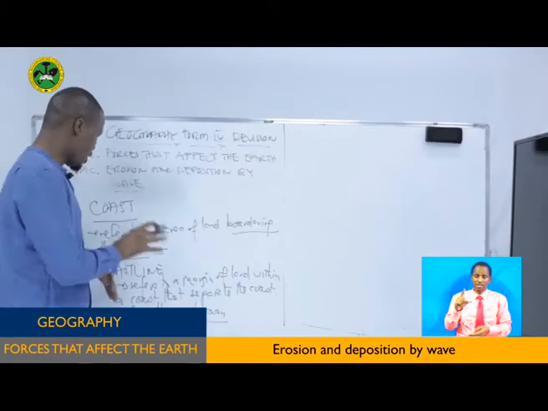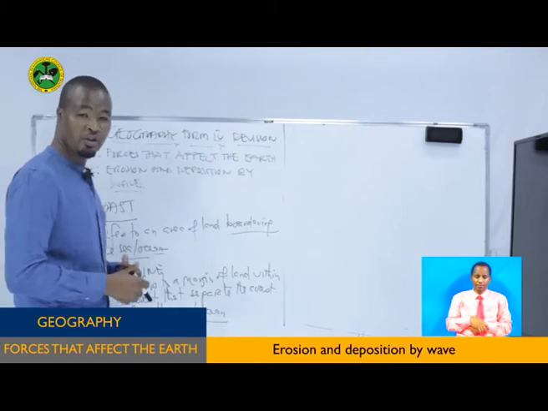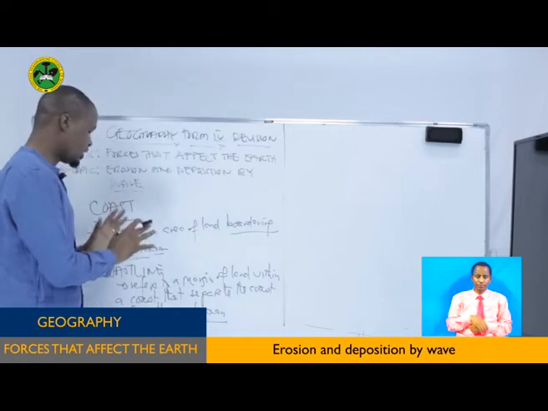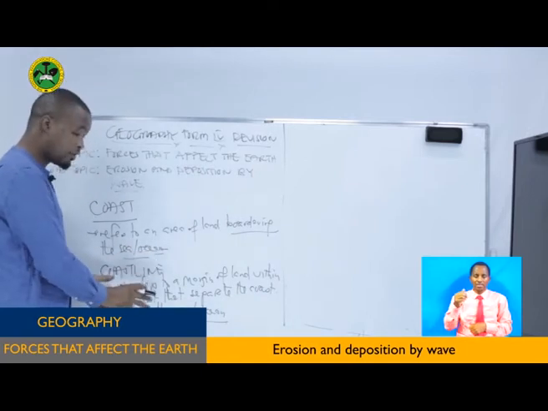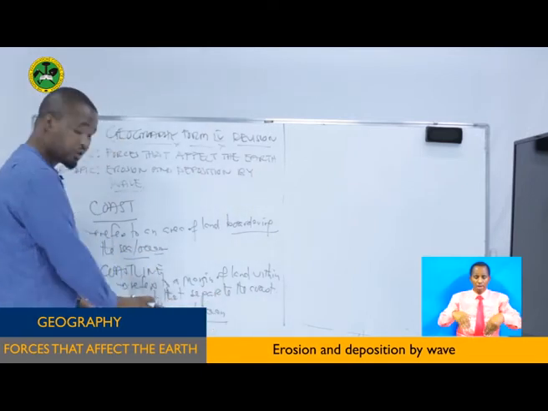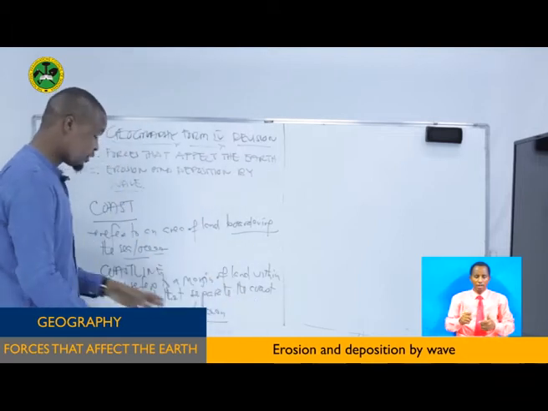Are you with me, class? We have what is a coast and what is a coastline. So, as I said, the coast refers to an area of land bordering the sea or ocean, while the coastline refers to a margin of land within the coast that separates the coast from the sea or ocean.